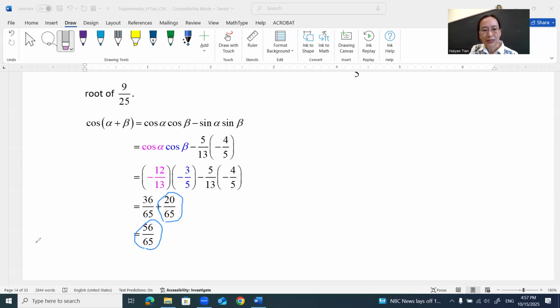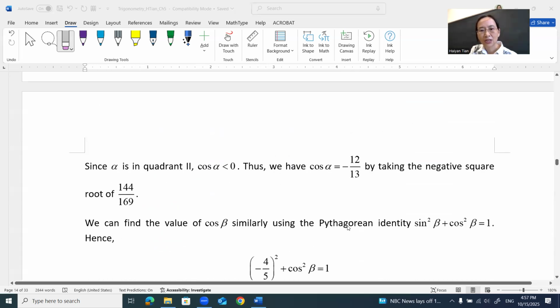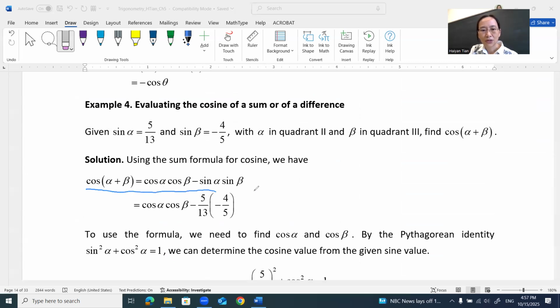So this is another application of the identities I introduced in this video. Remember, cosine of a difference or cosine of a sum. In this video, we focus on two formulas.